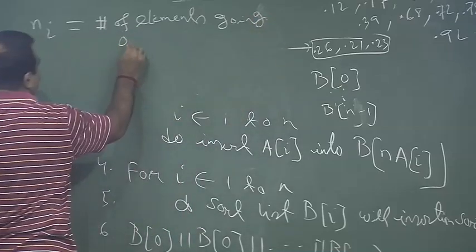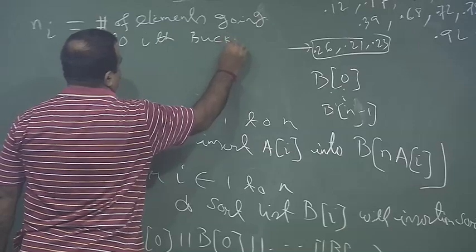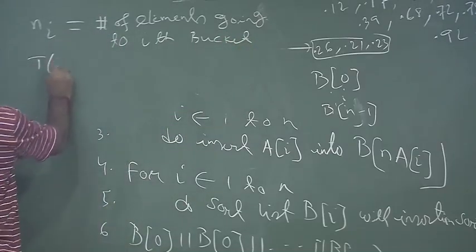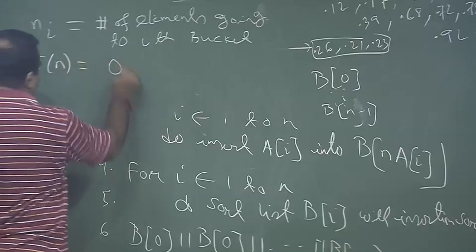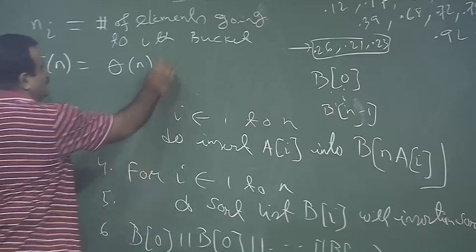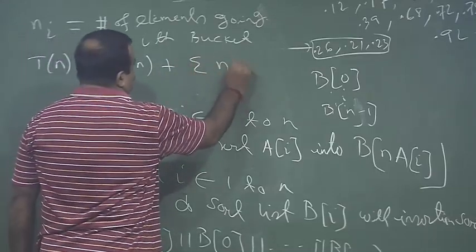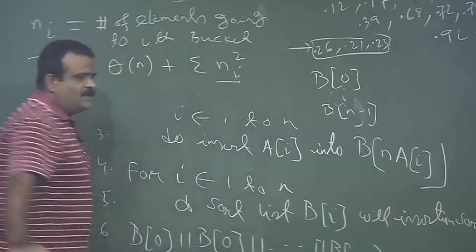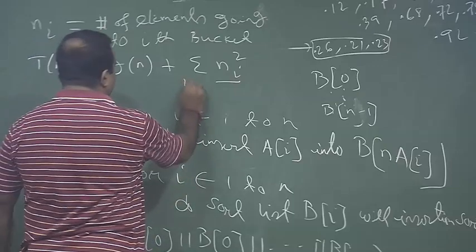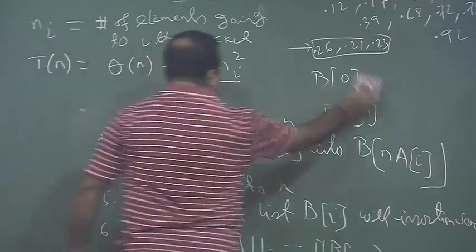Then the run time is T of n equals order of n, which is for filling the buckets, and then we sort each individual bucket. Insertion sort takes n i square time, as there are n i elements in the ith bucket, and there are n buckets. So, this is the time complexity for this bucket sort.